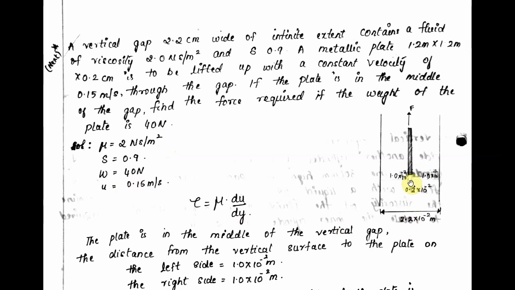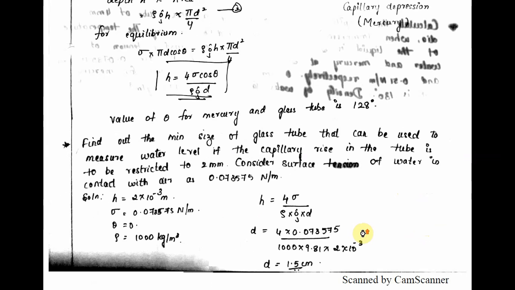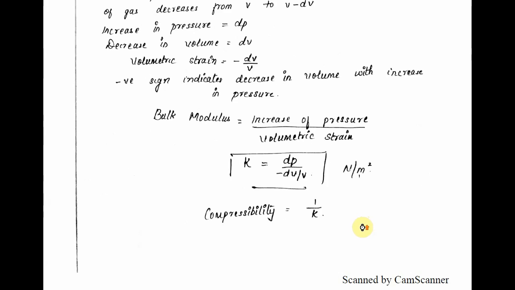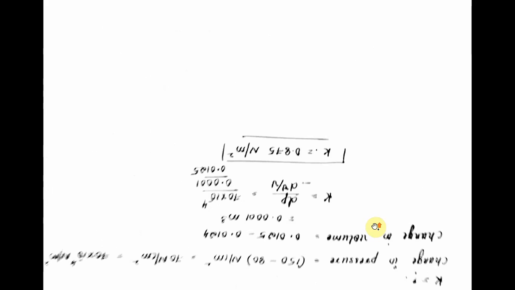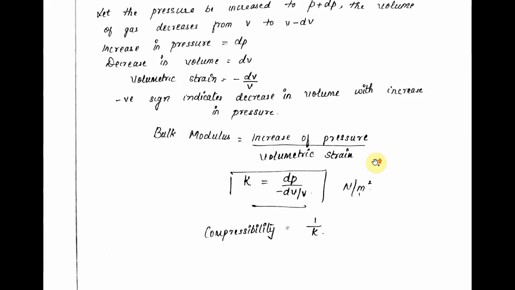So you can see the dimension of that gap, that is 2.2 into 10 to the minus 2 meters. Therefore, we know that tau equal to mu into du by dy.